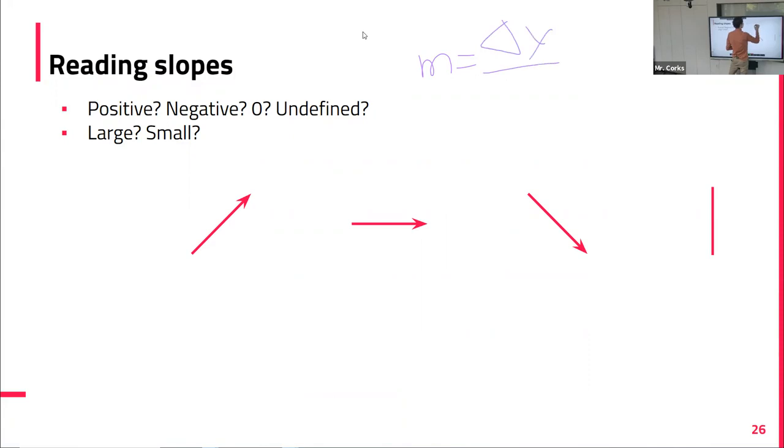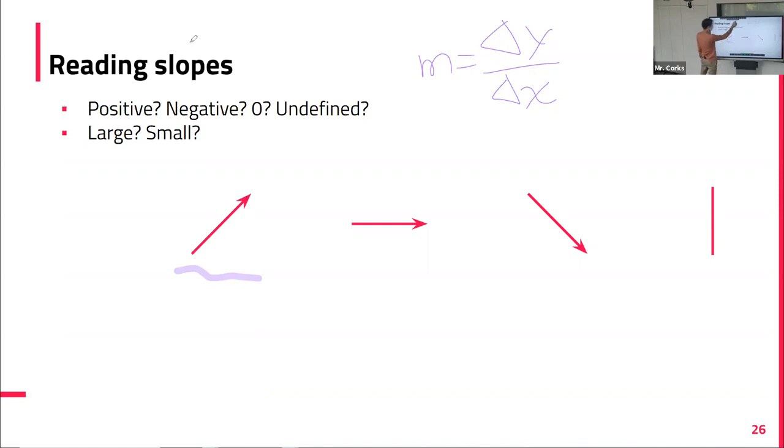Delta y over delta x. Or change in y over change in x. It's good though, so we have this formula for it, but it's also good to be able to just look at a line and see what the slope is approximately. So right now, if I show you this one, can you tell me what the slope is?